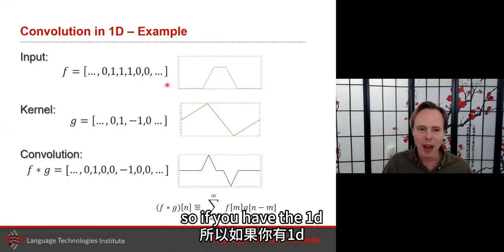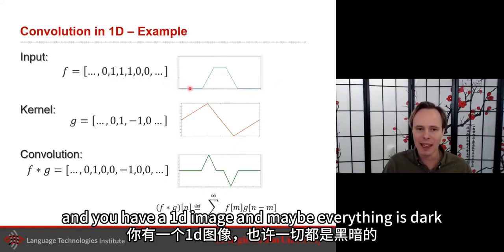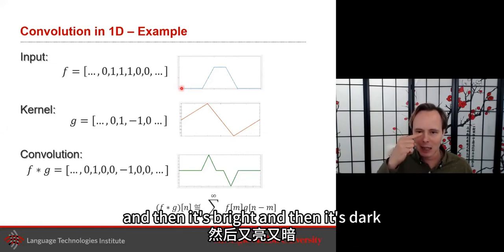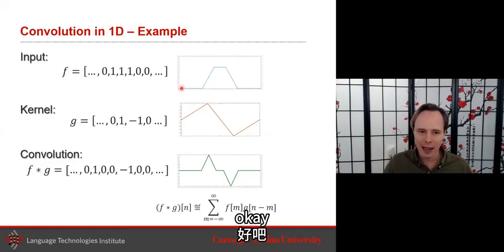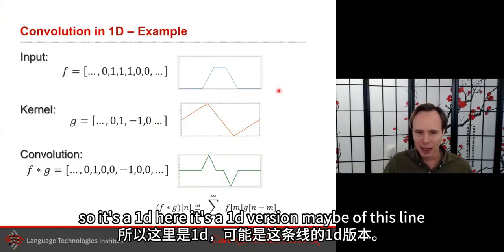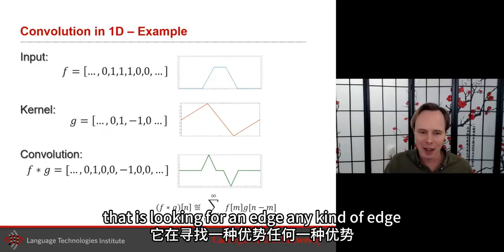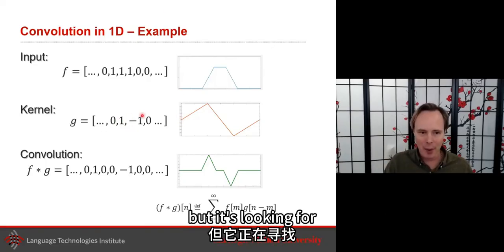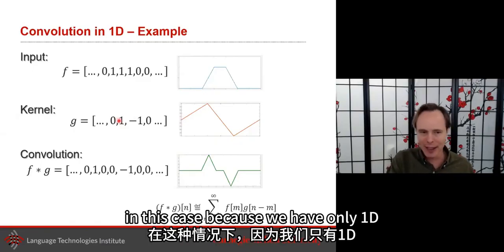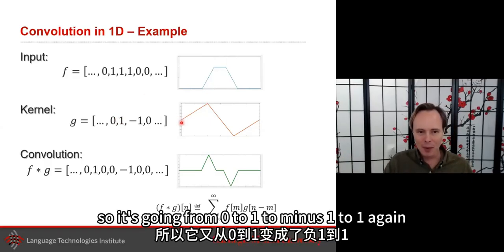So if you have a 1D image, and maybe everything is dark, and then it's bright, and then it's dark, okay? So it's a 1D version maybe of this line. And then there's a kernel that is looking for an edge. In this case, because we have only 1D, it's going from 0 to 1 to -1 to 1 again.